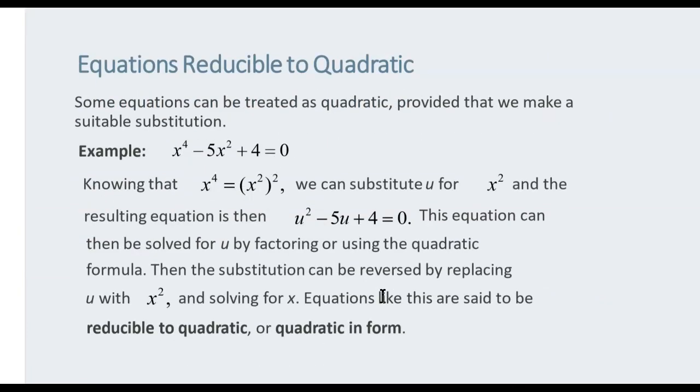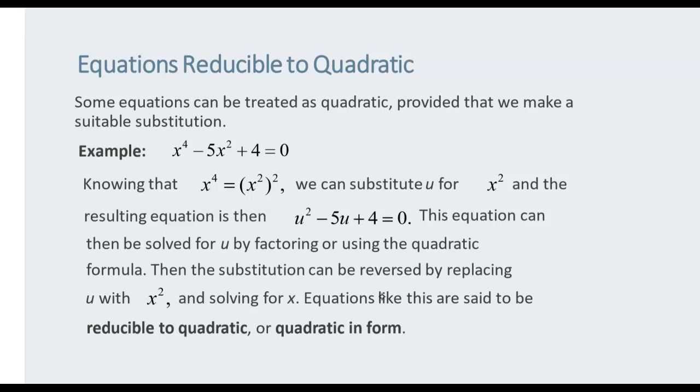All right, these problems are looking at equations that don't look like quadratics, but we can use some of the methods that we know about quadratics to solve them or reduce them. In this first example, we see something that's raised to the 4th power.